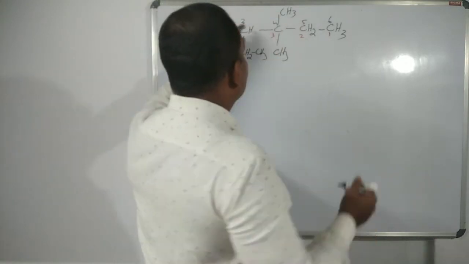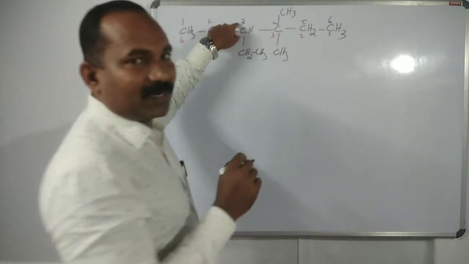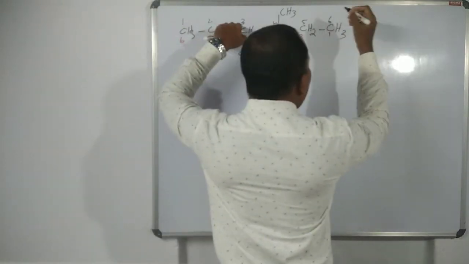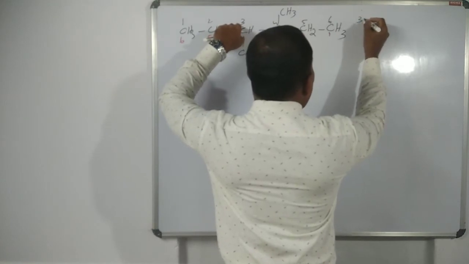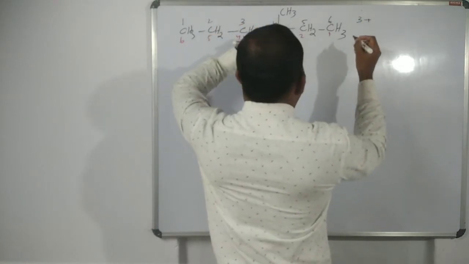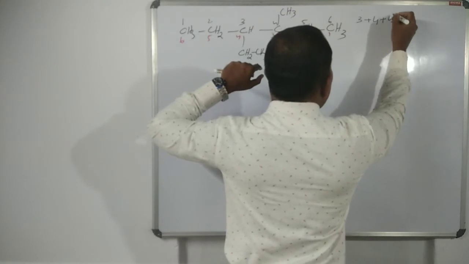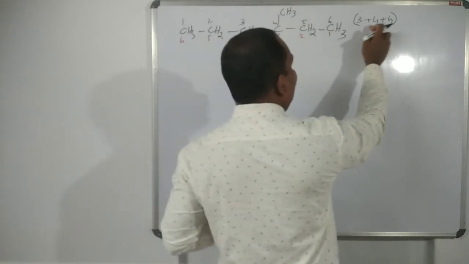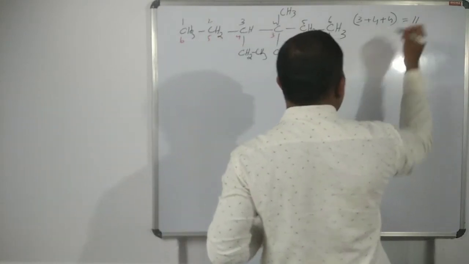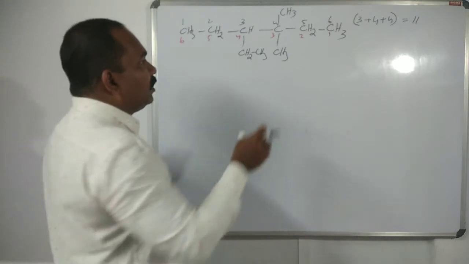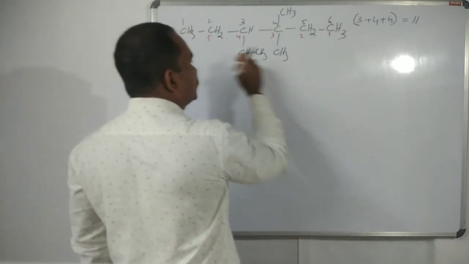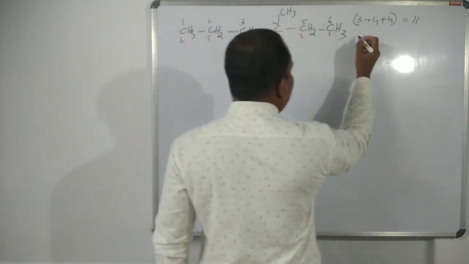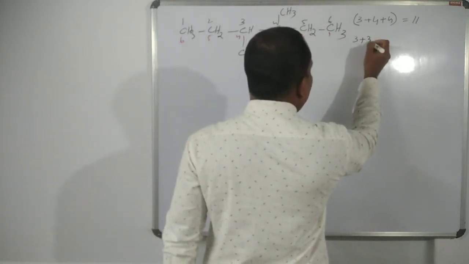From left to right, the positions of locants. What are locants? The positions of substituents are called locants. The positions are 3 plus fourth position, two substituents. In the fourth carbon two substituents, that's why 4 plus 4, how much? It is 11. From right to left, the positions are third carbon atom two substituents, so 3 plus 3.